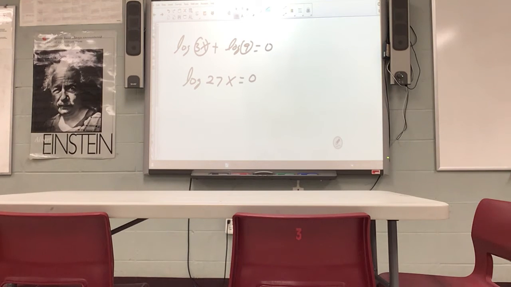So our base is an understood 10 again. So this is weird, 10 to the 0 equals 27x. What's anything to the 0? 1, so 1 equals 27x. So divide by 27. Is it B? Yes. 0.04?